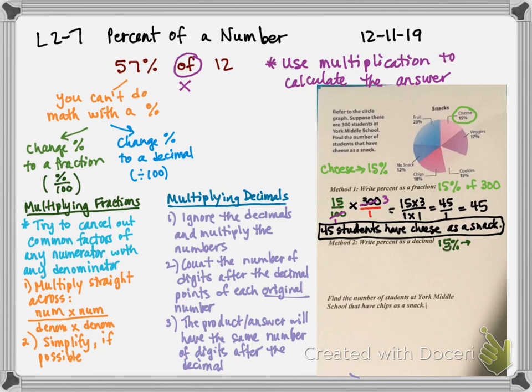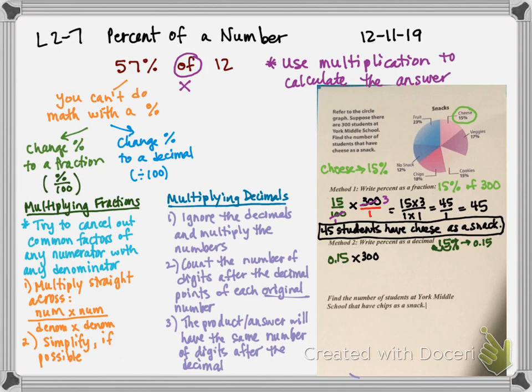Remember, we just divide by 100. That's how we get rid of that percent symbol. So we get 15 hundredths. Then that becomes the problem that I'm going to solve: 15 hundredths times 300. The math works a little bit differently.